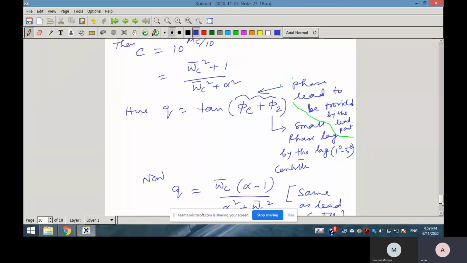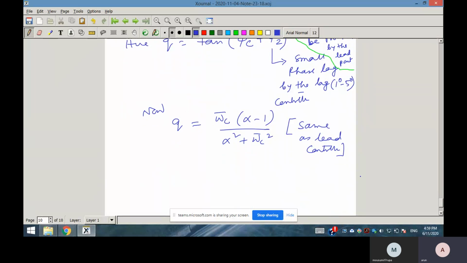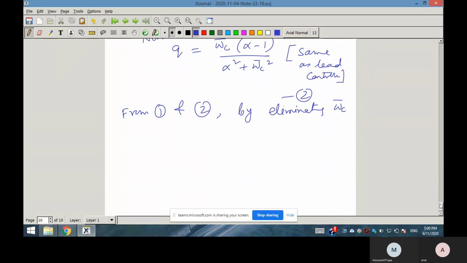So from 1 and 2, by eliminating omega c bar, one obtains, with the same elimination, the same method.